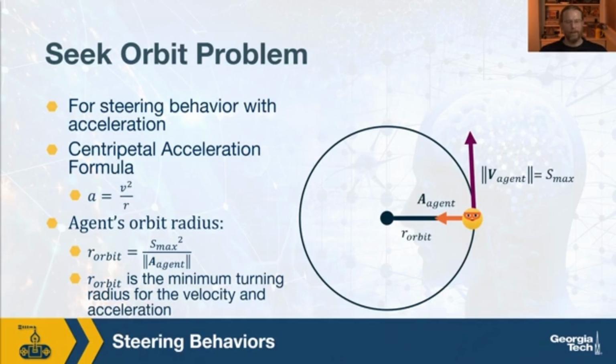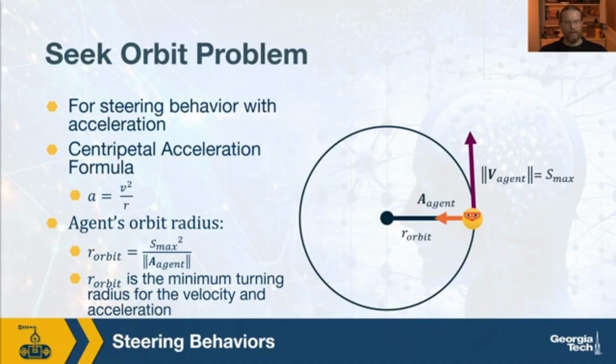So we know the maximum acceleration, and we know that we're accelerating towards a target, and we know the velocity or the max velocity. And so the equation is acceleration equals velocity squared over the radius.